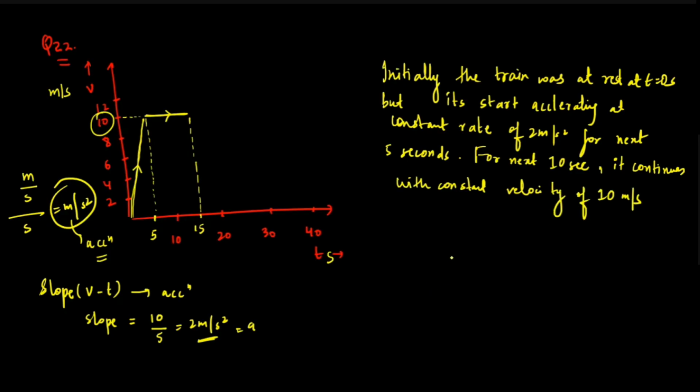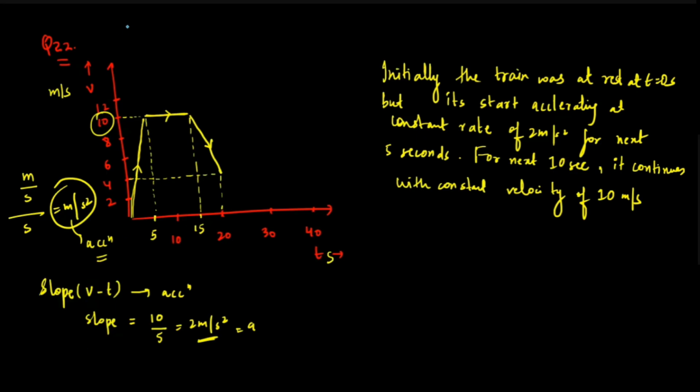Now, in the next 5 seconds, its velocity changes to 4. So if its velocity changes to 4 in next 5 seconds, what can you say about this? It's decelerating. It must be decelerating at a constant rate once again.